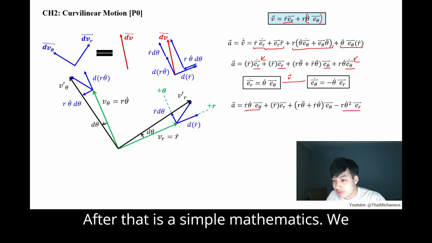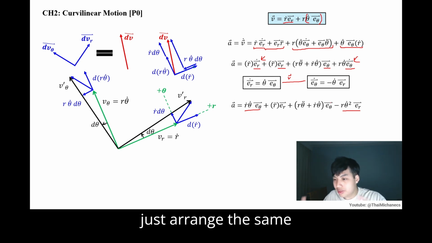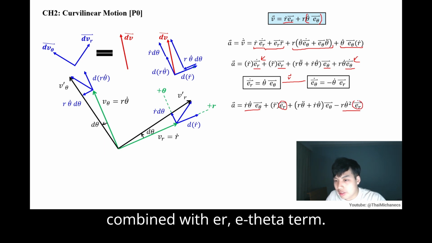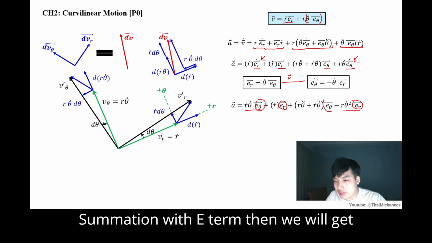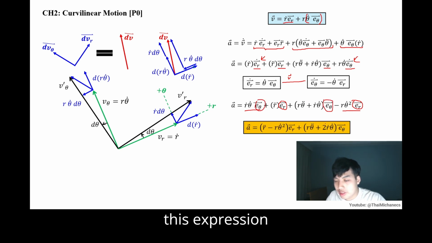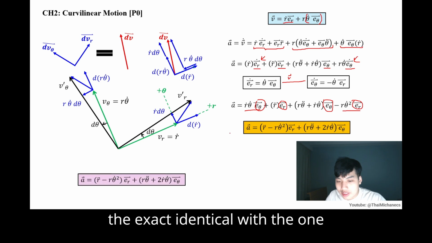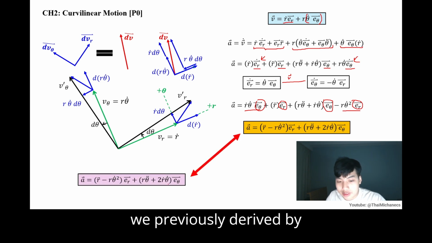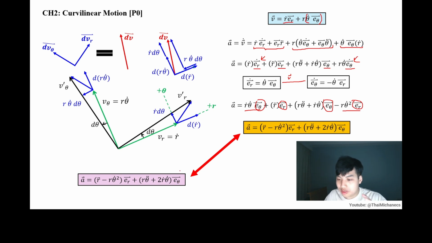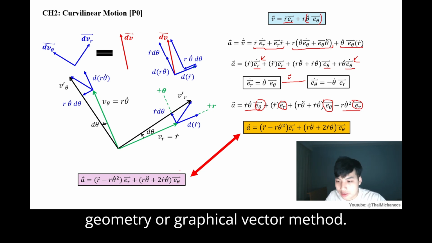After that it is simple mathematics. We just arrange the same terms together: the e r terms combined, and the e theta terms summed. Then we will get this expression, and this expression is exactly identical to the one we previously derived by the geometry or graphical vector method.